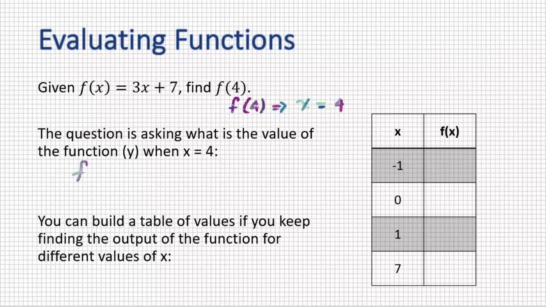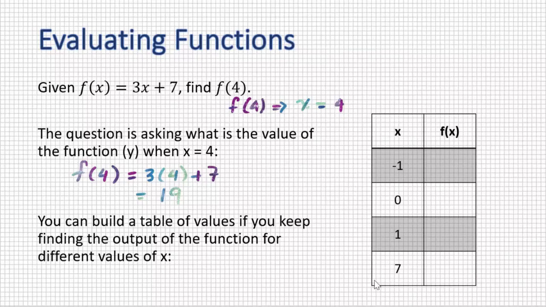That's the question. So f at 4 is equal to 3 times 4, replacing the x with the number 4, plus 7. Or 12, 3 times 4 is 12, plus 7 is equal to 19. So the output of this function when x is equal to 4 is 19. In other words, f at 4 is 19.